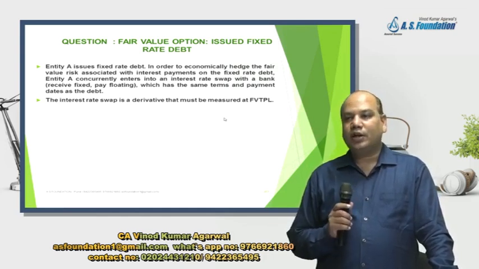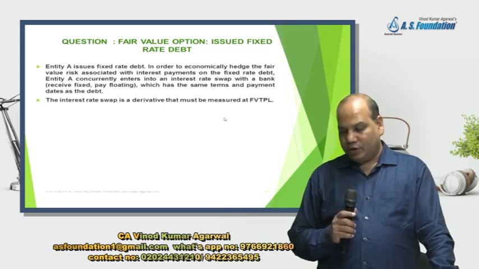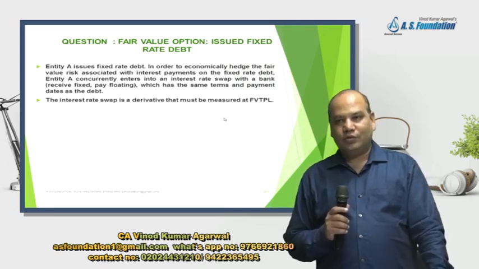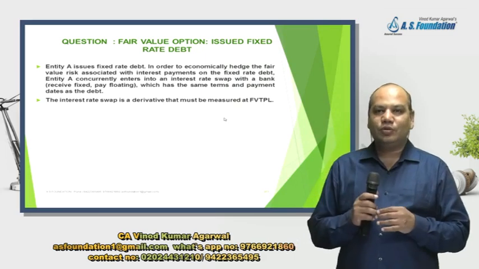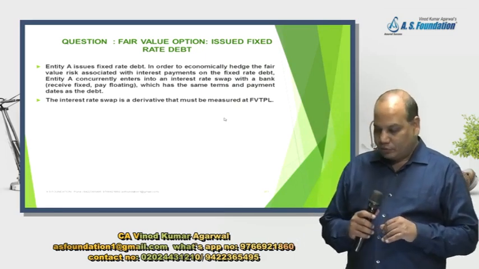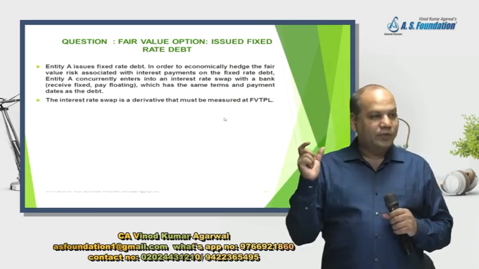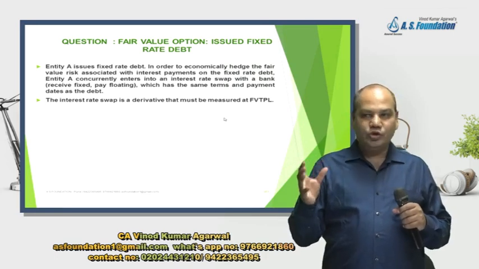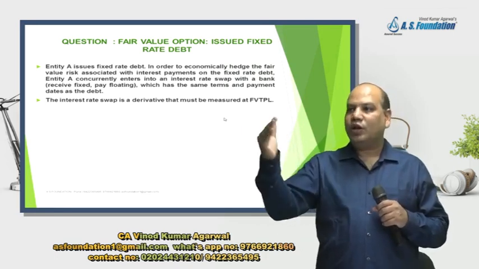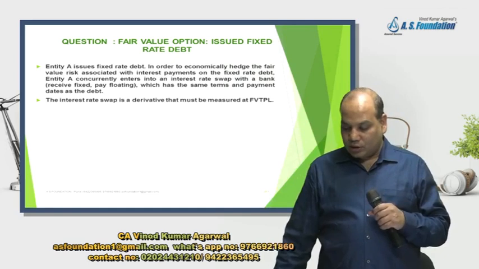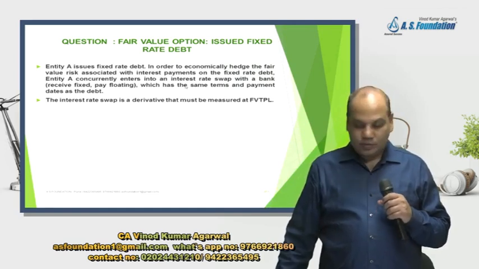Interest rate swap is a derivative which effectively converts your fixed rate into floating rate or floating rate into fixed rate. So on one hand you have a fixed rate debt instrument which is your normal financial liability, and on the other hand you have entered into an interest rate swap.